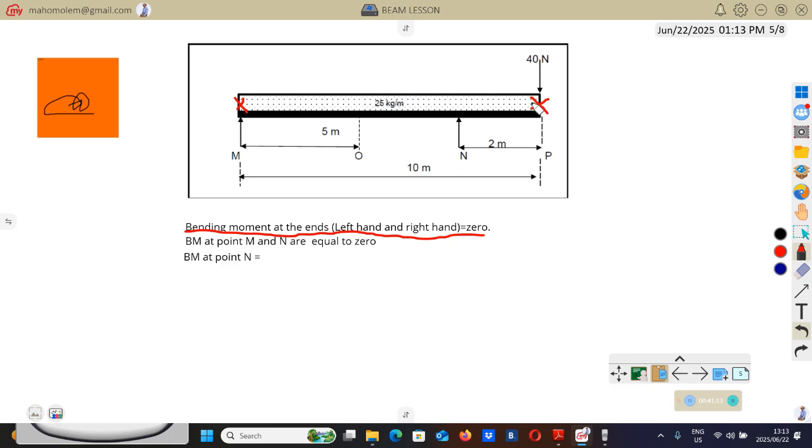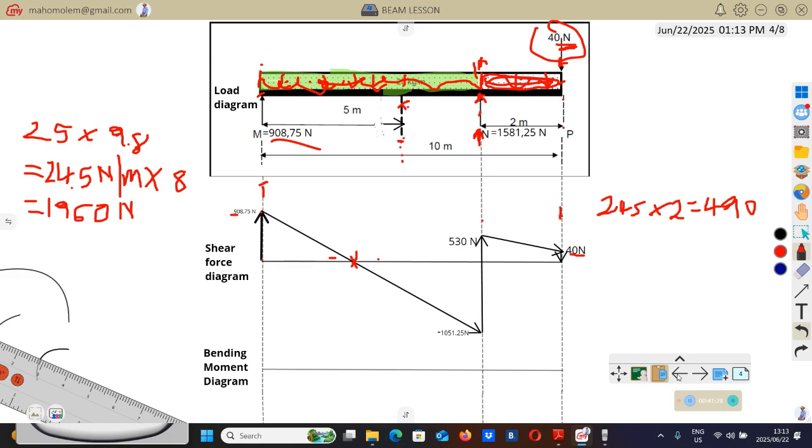So if we omit these two, then we'll only remain with this one point load, and then the other principal point will be where this shear force diagram crosses that horizontal line.